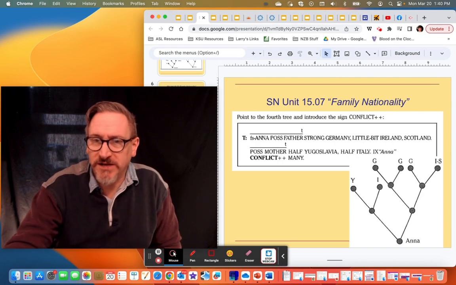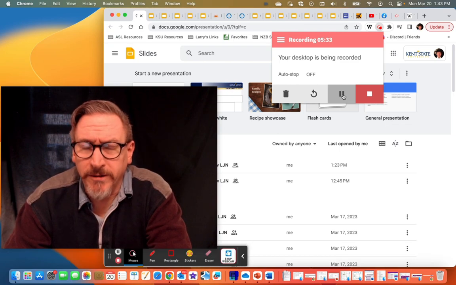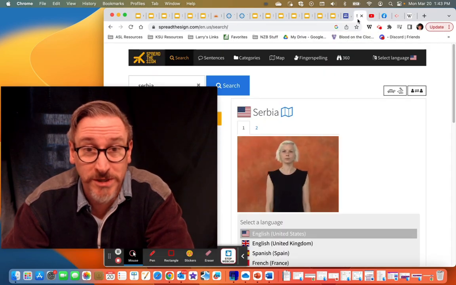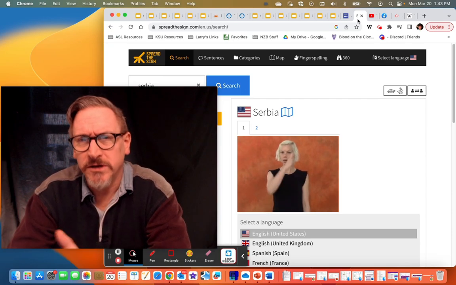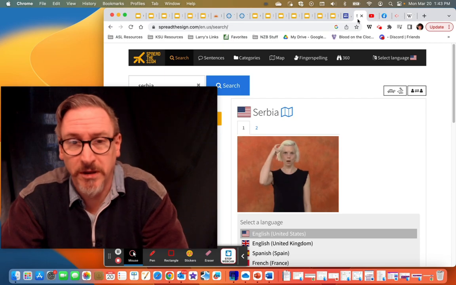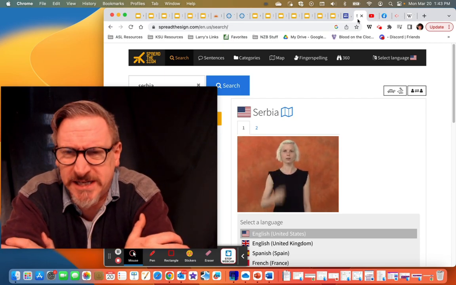I want to remind myself of what Yugoslavian is. Hold on a second. Okay. The difficulty is that with the political situation in what was Yugoslavia, there are a lot of different ways. I wanted to see if Spread the Sign had the old sign for Yugoslavia, pre 90s, and then each of the successive ones.